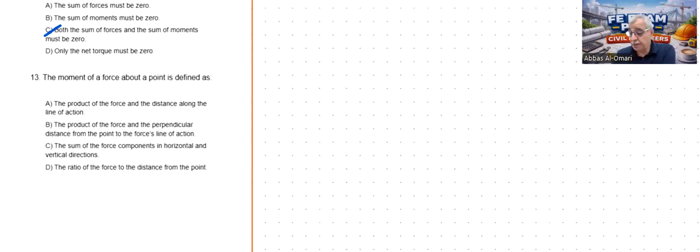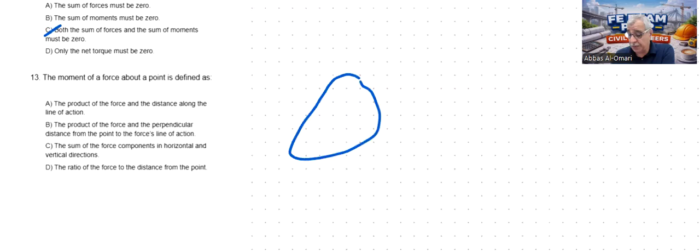So if we have an object like this, for example, and we have a force acting on the object in this direction, this is F, and we want to determine the moment of the force at point A, for example.